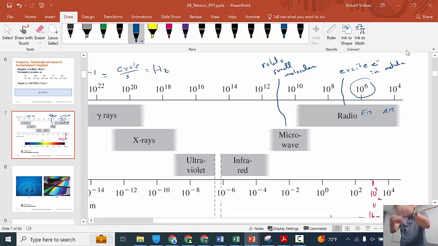We call that rotational kinetic energy. And if you've got kinetic energy, we call that heat, and the temperature is going to go up. So microwaves are tuned to flip water molecules, to rotate them, and then we get the kinetic energy, and then we get the heat.